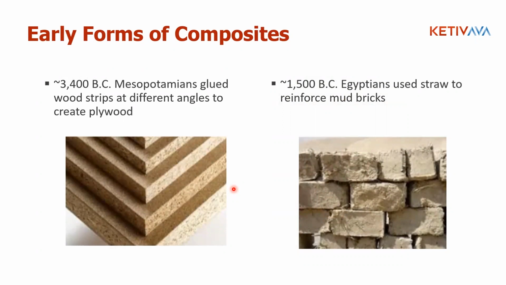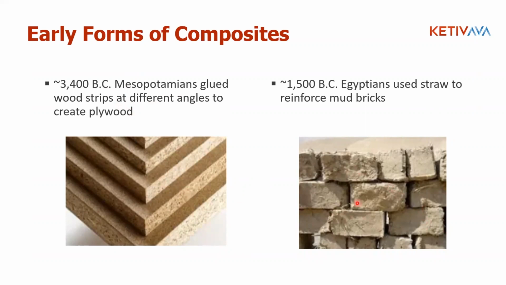When we talk about composites, a lot of people associate composites with aerospace applications, which is fair, because I think that industry pushed adoption of high-tech materials into their components. But composites have been around with the human species for a long time. I think the first documented use of composites came from the Mesopotamians about 3,400 years before Christ, where they would glue wood strips at different angles to create plywood, right?